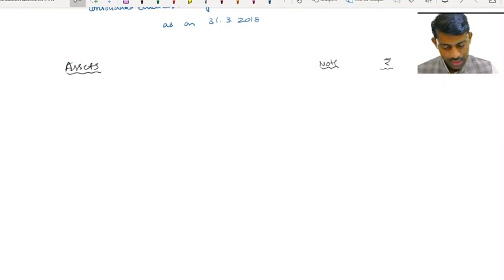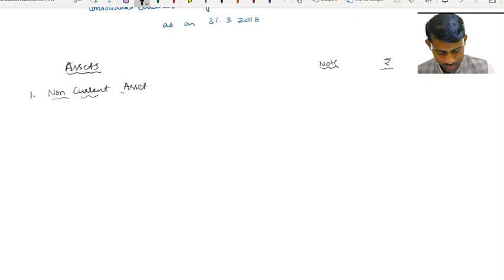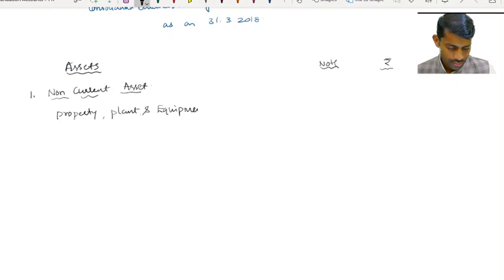First asset is non-current asset. Under non-current asset, they have given the split of land and building, plant and machinery. Both we have to include in property, plant and equipment, note number 1.